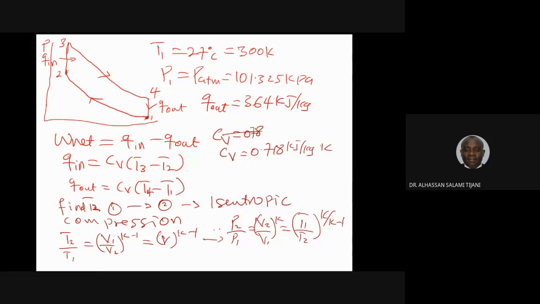So this equation is coming from there. Now we can determine that T2 equals T1 into bracket R to the power K minus 1.